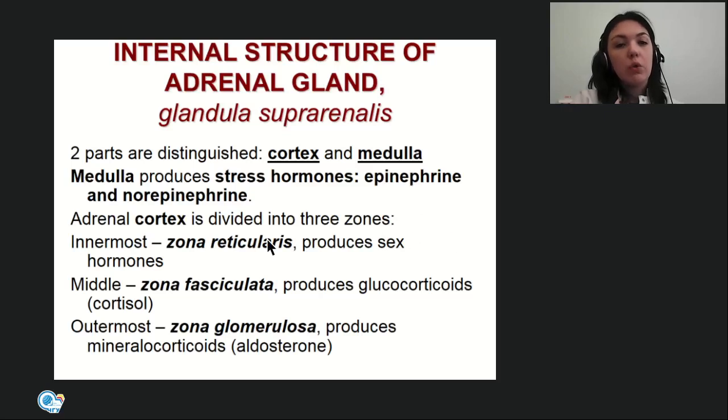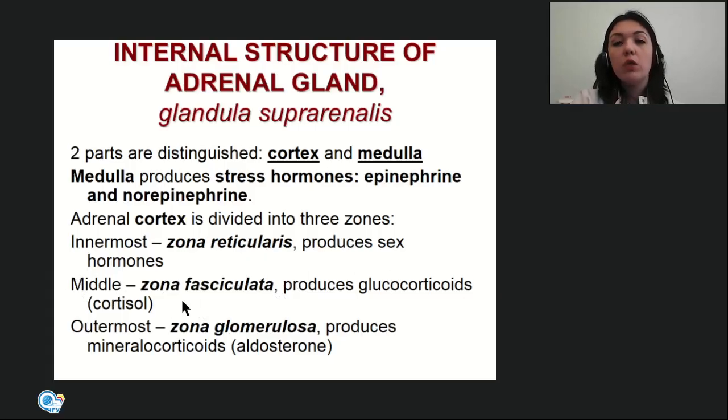The innermost zone is the zona reticularis, which produces sex hormones, both androgens and estrogens. That's why even in males there are some estrogens, and in females there are some androgens. Then the middle zone is the zona fasciculata, the fasciculate zone, which produces glucocorticoids, cortisol for example.